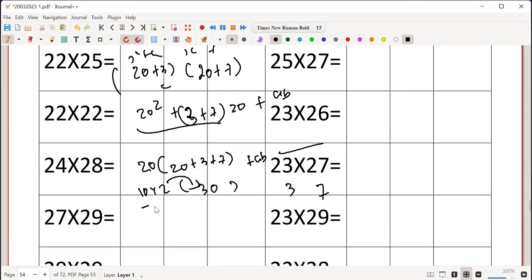Okay. So this becomes 60. 60 into 10, 600 plus 21. So what I'm going to do is, what is this? 20 plus b. I'm going to add a to this, 30. And double it, 60. 3 into 7, 21. These are the process. You have to understand the process.